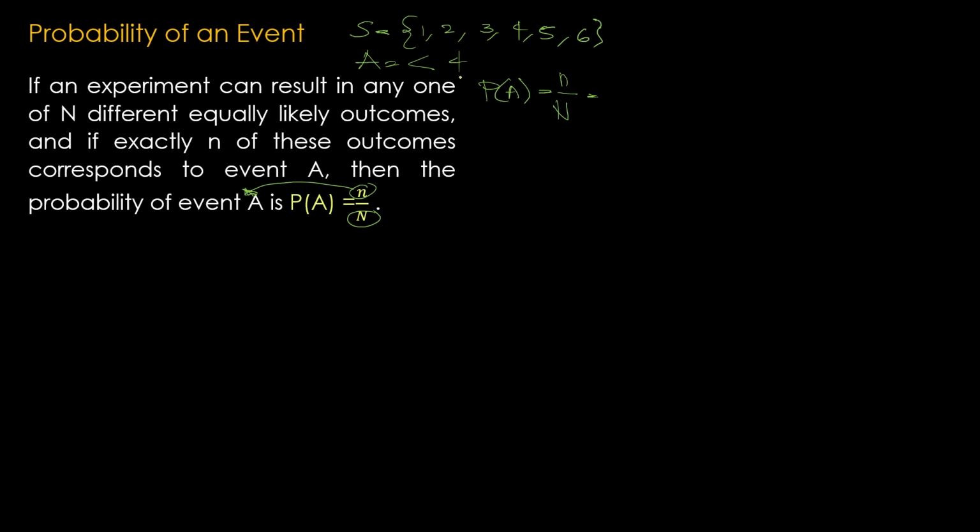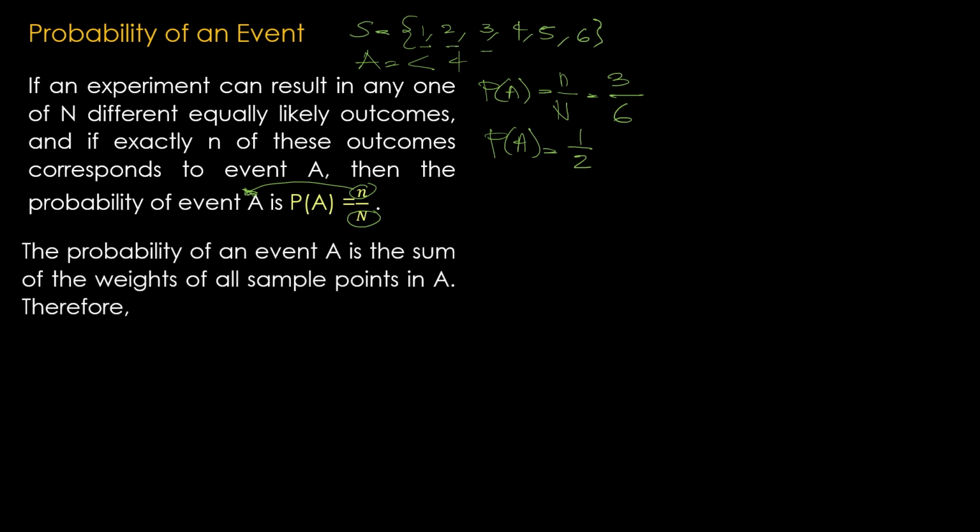That would be the numbers less than 4. So what are the numbers less than 4? That would be 1, 2, and 3. So for our small n, that would be 3, and for our capital N, the total number of possible outcomes, since there are 6 possible outcomes, that would be 6. So therefore, the probability of event A is equal to 1/2.